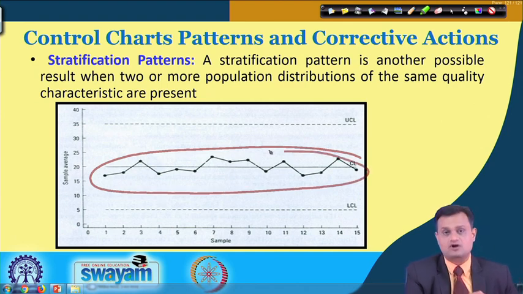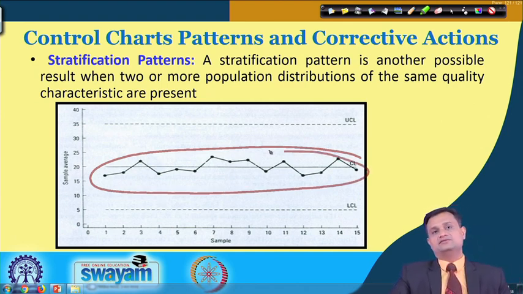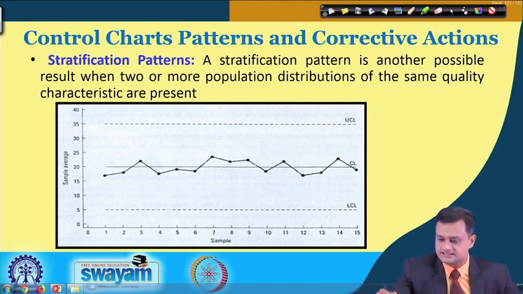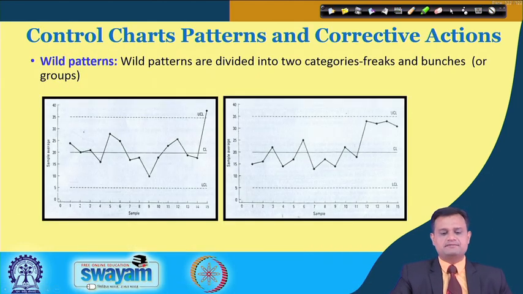That points are more or less concentrated around the center line, and this kind of stratification pattern may be because of wrongly calculated upper control or lower control limits, or maybe some problem in the sample size or reasonability criteria you have considered for number of samples and sample size. So, this is what you can appreciate.